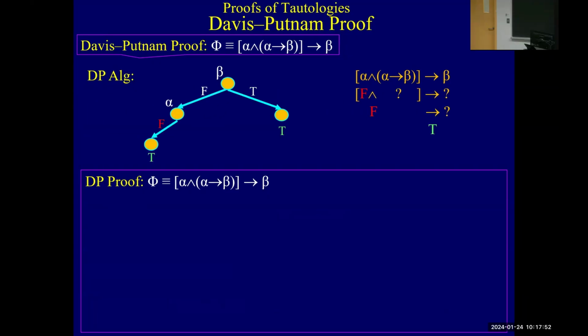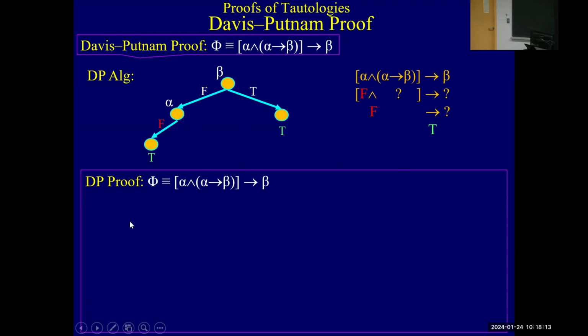All right, so then we go over the other direction and we set beta to be false. And if you plug it in, then it's not enough to figure out what's going on. So then I branched again on alpha being false.